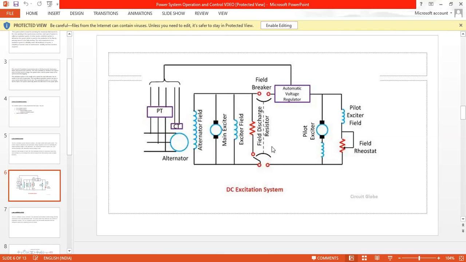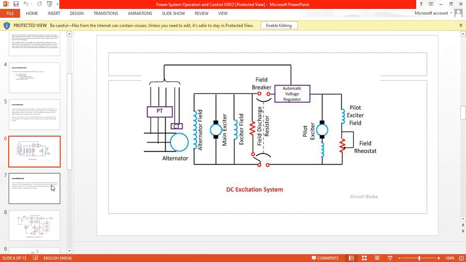A pilot exciter is present across the AVR, and one more pilot exciter field is present on the right side of the main system. For the subsystem, we can see the field rheostat is present. That's how the DC excitation system is being designed.